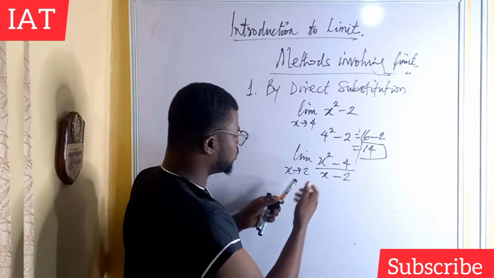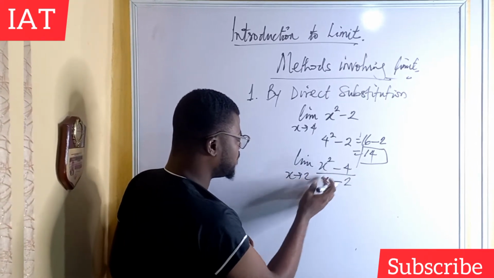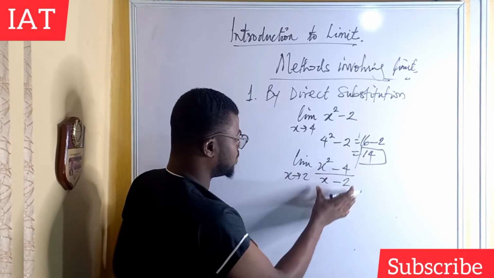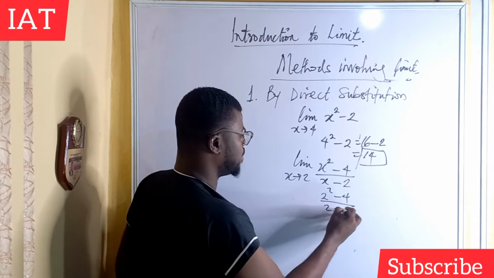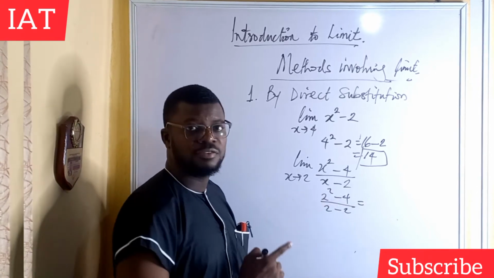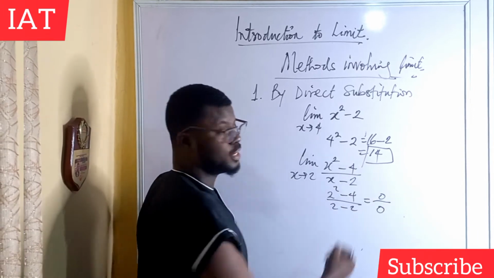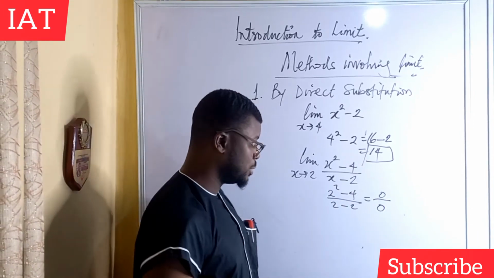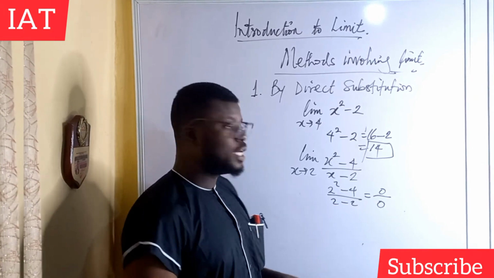By direct substitution, let's see what will happen. If I plug in the value of x into this function, I will have 2 squared minus 4 over 2 minus 2. And 2 squared is 4, 4 minus 4 is 0, over 2 minus 2 is 0. What does 0 over 0 mean? If you put it in a calculator, it will show you math error. This means it is meaningless. It doesn't have any meaning.